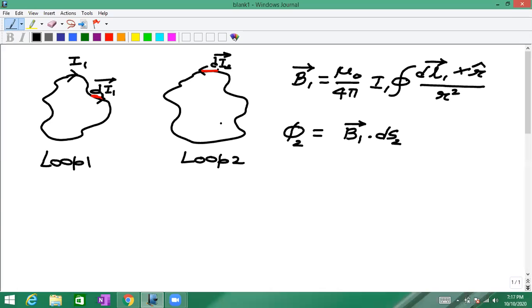So B1 vector dot dS2 vector is the flux related with some elementary area of loop 2. Now what is the total flux associated with loop 2? We have to integrate the expression over the entire loop 2.